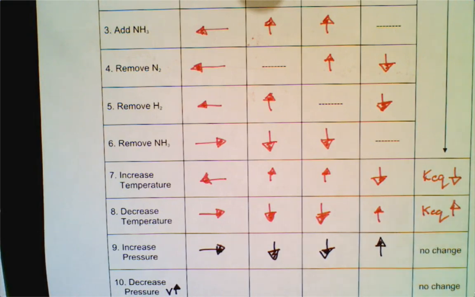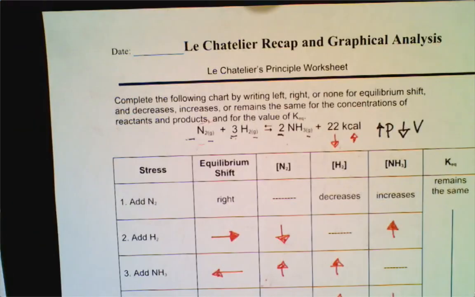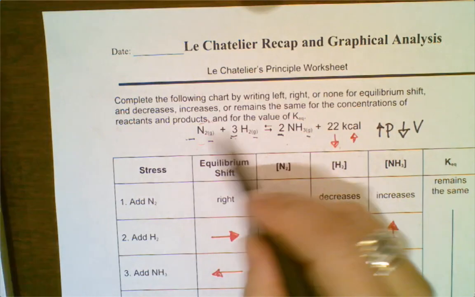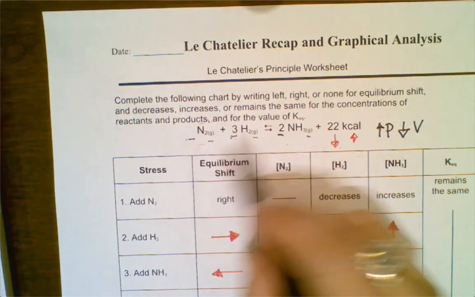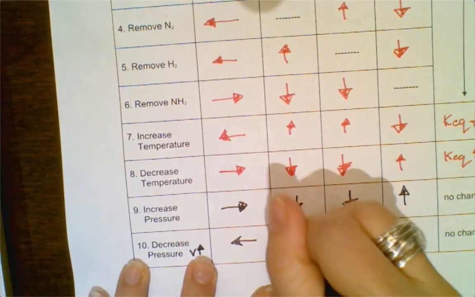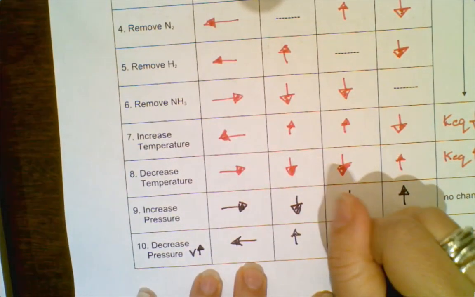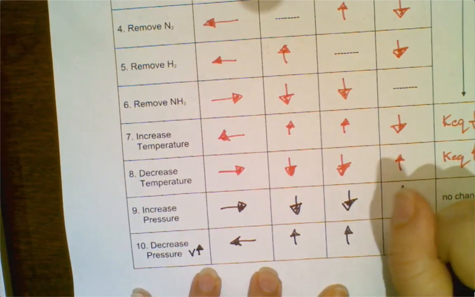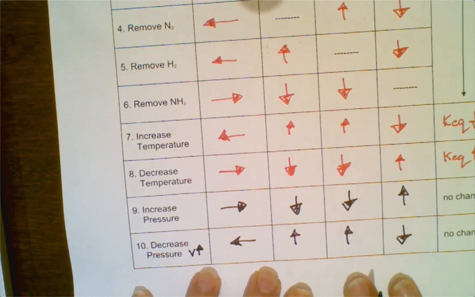So we want to create more moles. So in this particular case, we want to shift towards the left because I will then create more collisions, which will bring the pressure back up. So I'm going to shift left in this particular case, increasing the concentration of N2 and increasing the concentration of H2, thereby decreasing the concentration of ammonia.